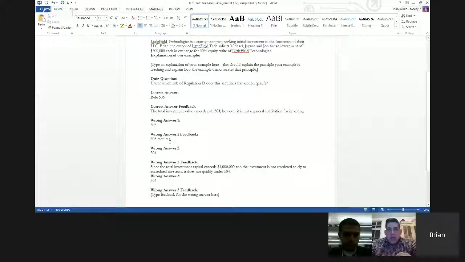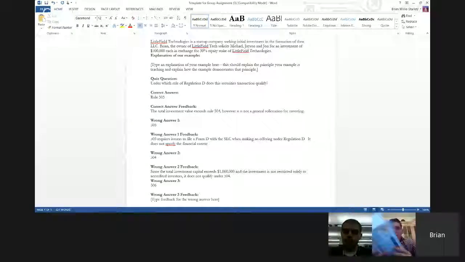Requires issuers to file a Form D with the SEC when making an offering under Regulation D. It does not specify the financial constraints of the investment. Correct.